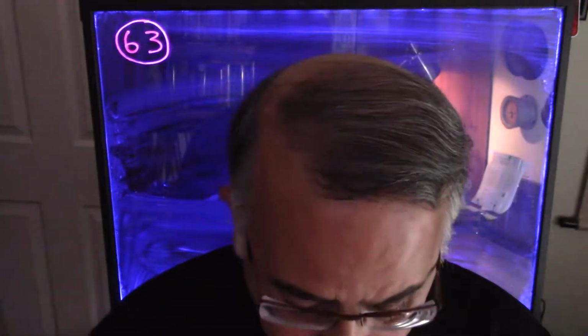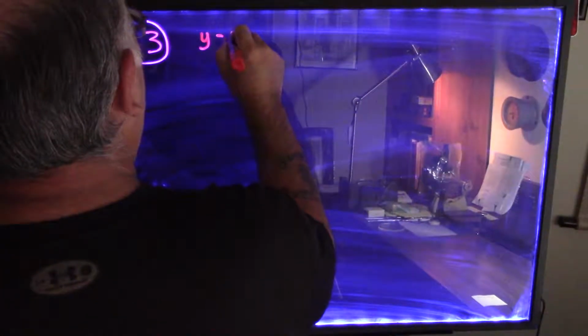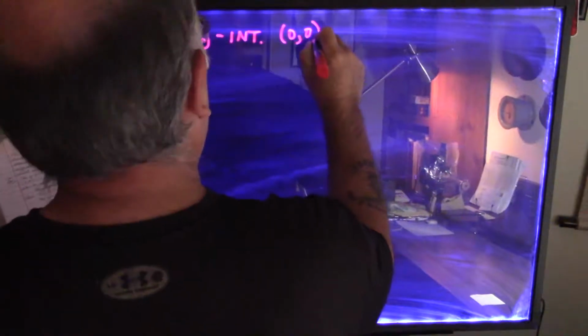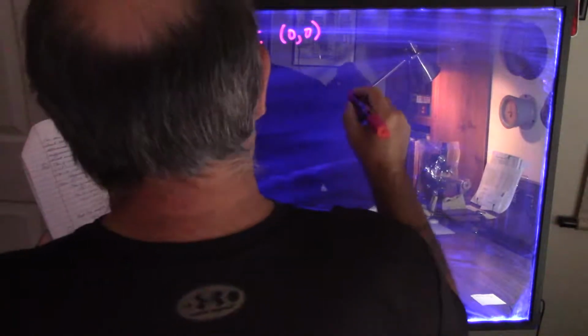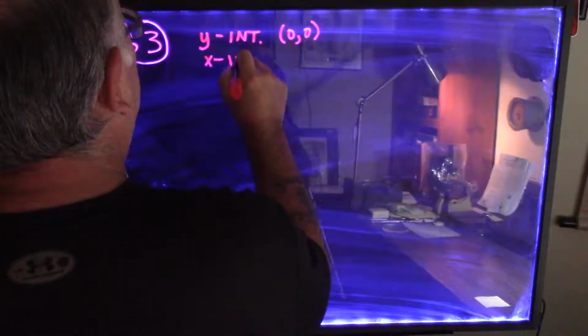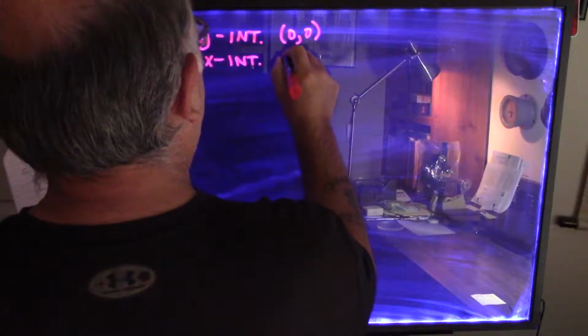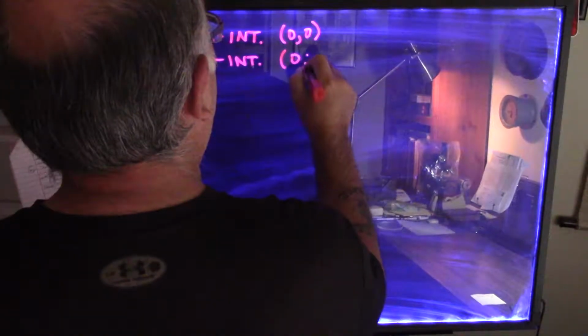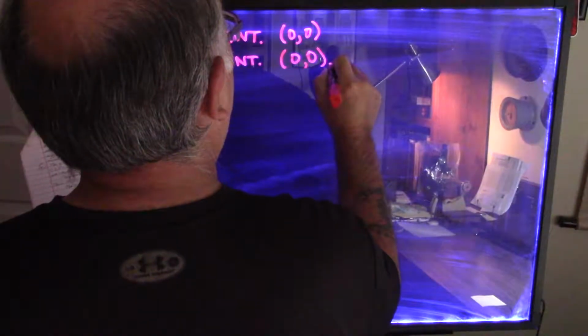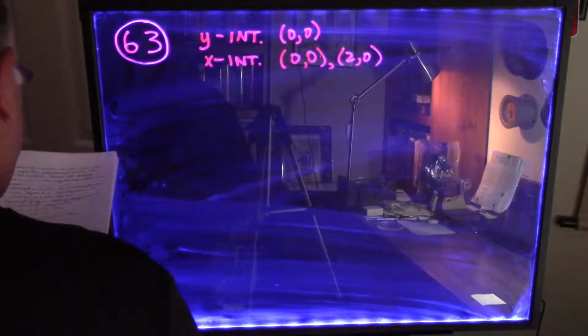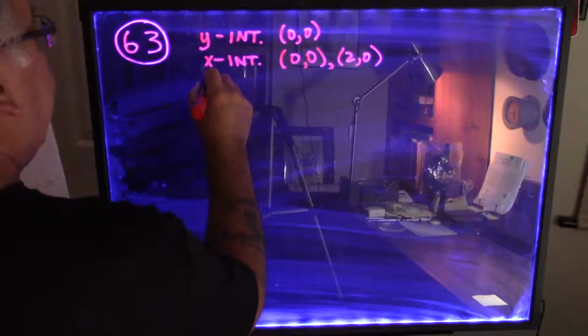Number 63, we have the y-intercept is (0, 0), and x-intercepts are (0, 0) and (2, 0). Degree is 3.